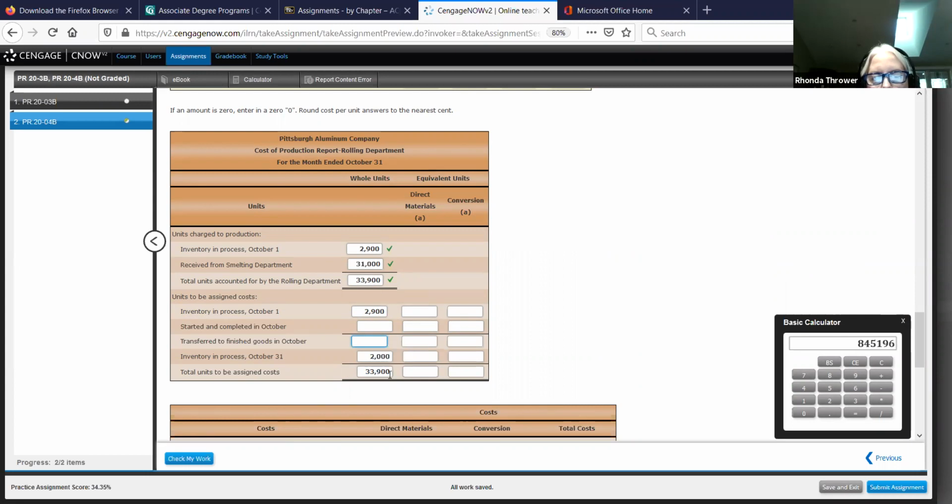So subtract 2,000 from 33,900. And then you're going to be able to find your started and completed units by subtracting 2,900 from 31,900.